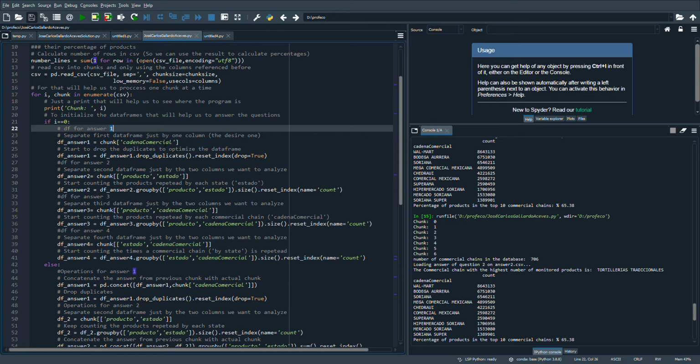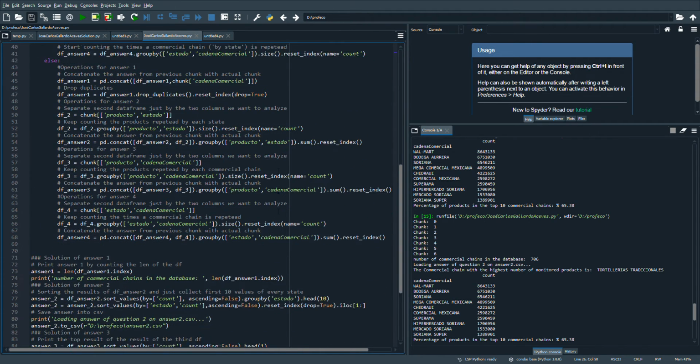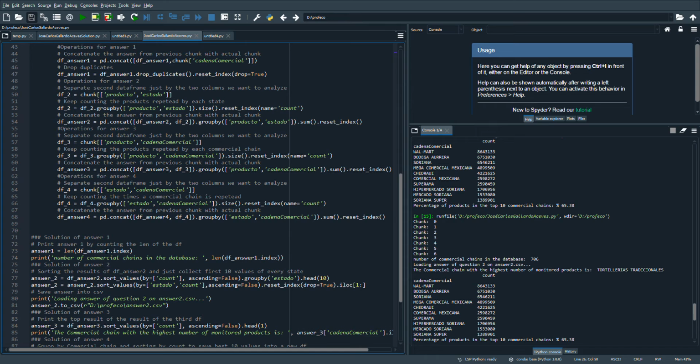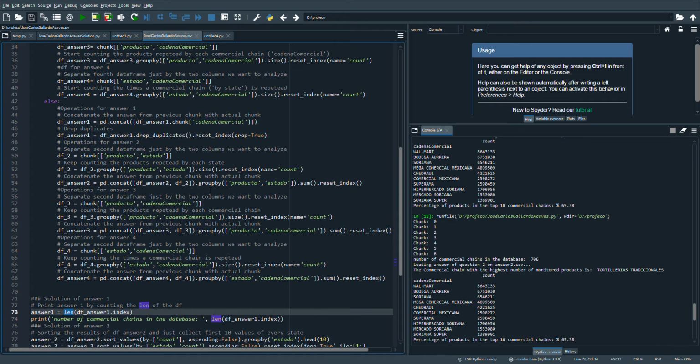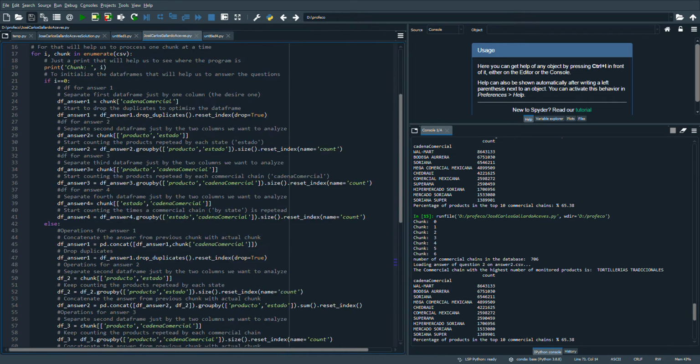So for all the chunks, I create a concat of that column of every chunk, and then I just use the operation to drop duplicates. Then at the end of all of that, I just calculate the length of the data frame, and that was my answer: 706 commercial chains in the database.